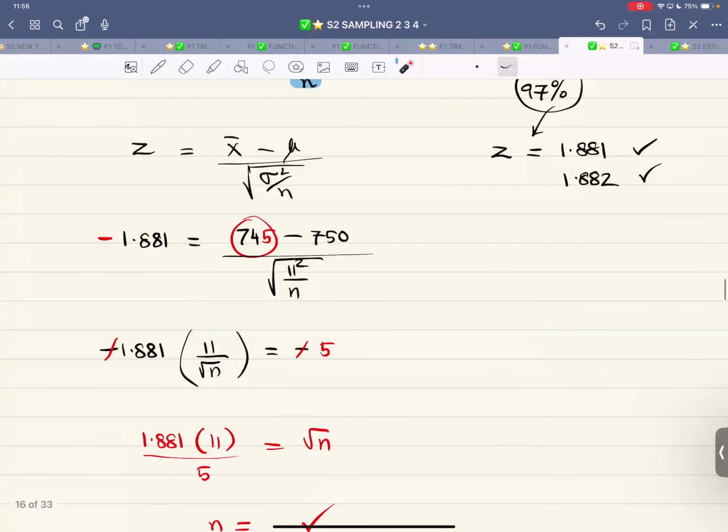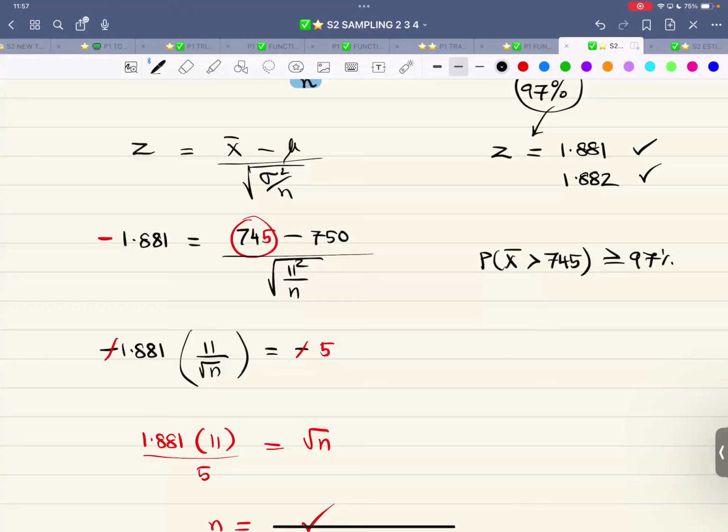Now, I did not write the inequality as such. Basically, it is probability x bar greater than 745. This equals to at least 97%. So greater than or equal to 97%. Since we are looking for the smallest sample size, naturally we have to work for 97%. So now when we will standardize this, z is 745 minus 750 divided by square root of 11 square over n, and then we compare it with this.